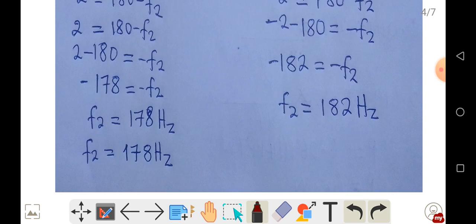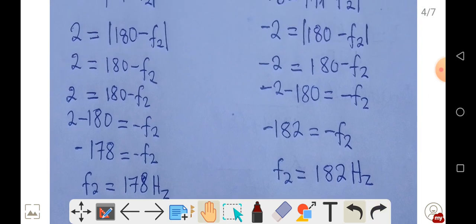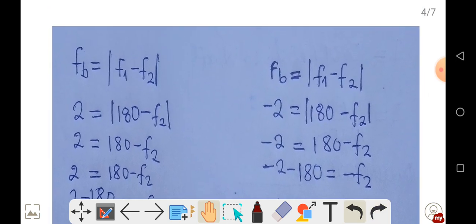Let's also look at what happens if we consider the beat frequency to be negative 2. When we consider the beat frequency to be -2, we substitute in this formula as we have done here. So this is -2, then 180, then negative frequency 2. We connect the like terms together. When this goes to the left hand side of the equation, it becomes negative.